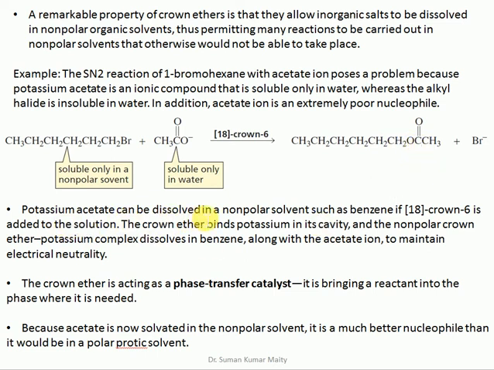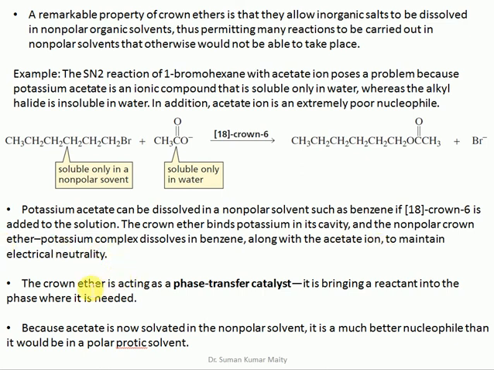Potassium acetate can be dissolved in a nonpolar solvent such as benzene if 18-crown-6 is added to the solution. The crown ether binds potassium in its cavity, and the nonpolar crown ether-potassium complex dissolves in benzene along with the acetate ion to maintain electrical neutrality.